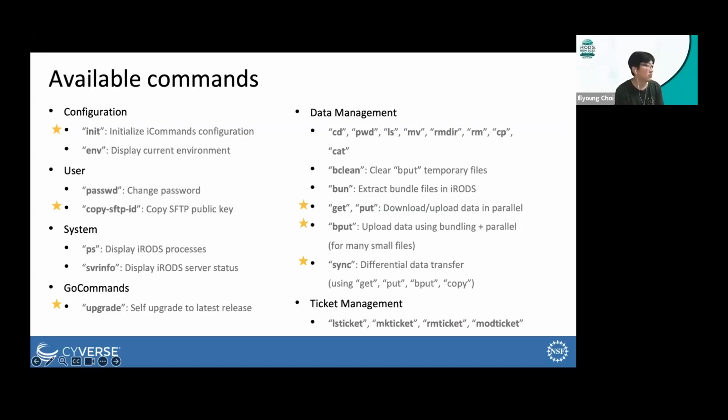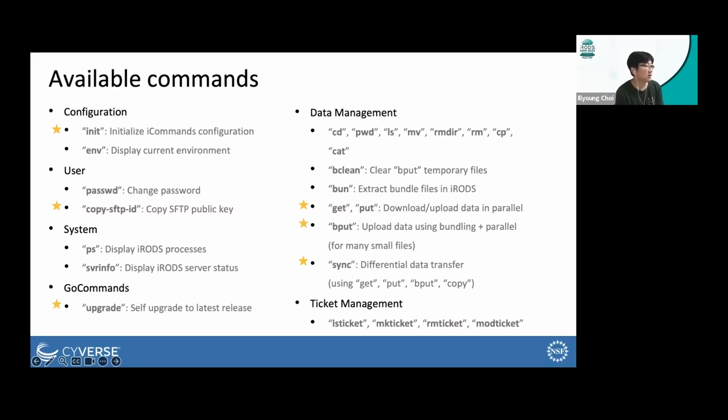Also, it has some new commands, such as copy SFTP ID. These new features are customized features for CyVerse. You can use copy SFTP ID to configure an SFTP public key to the data store for SFTP access.